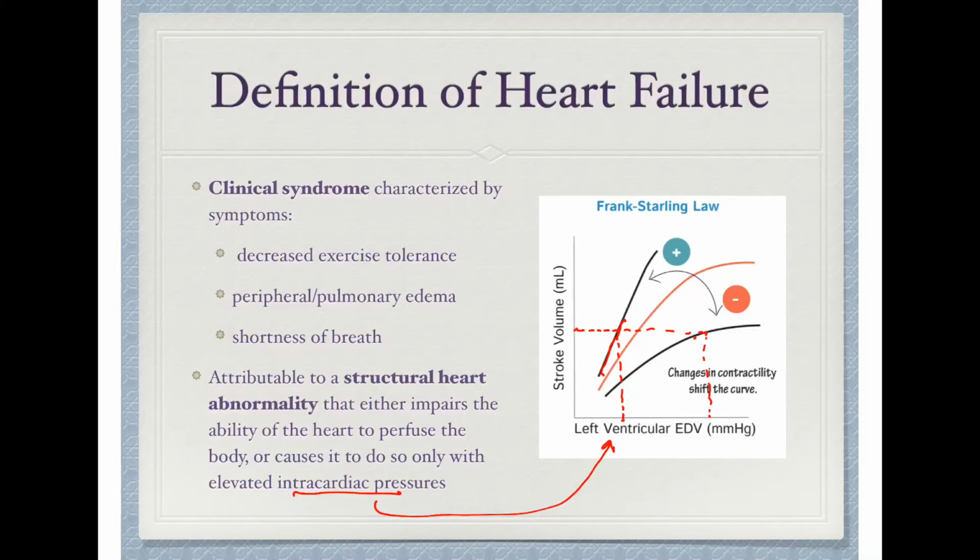If the cardiac function became even worse, you can depict that with this blue curve here. This patient would never be able to achieve the same level of stroke volume as the other two patients, regardless of how much preload the heart was getting.